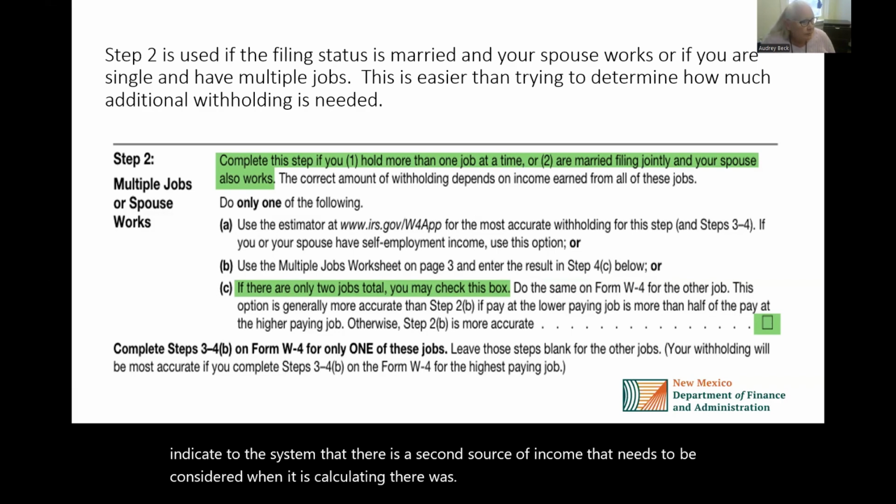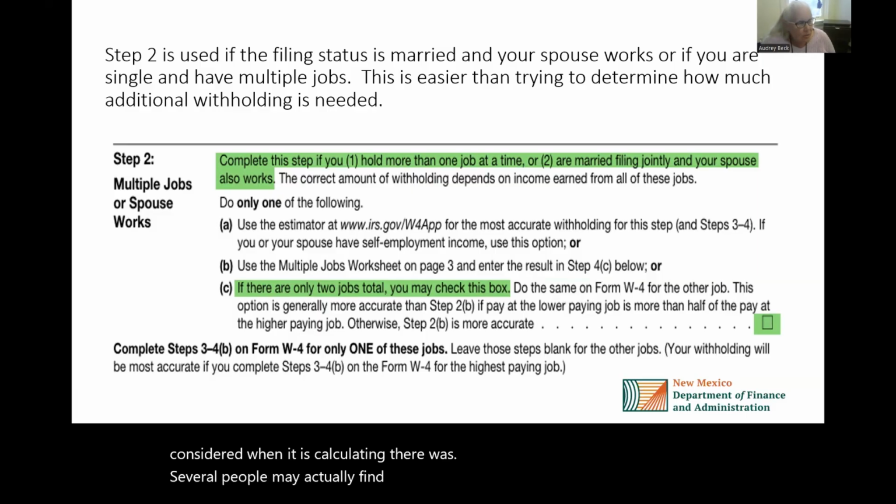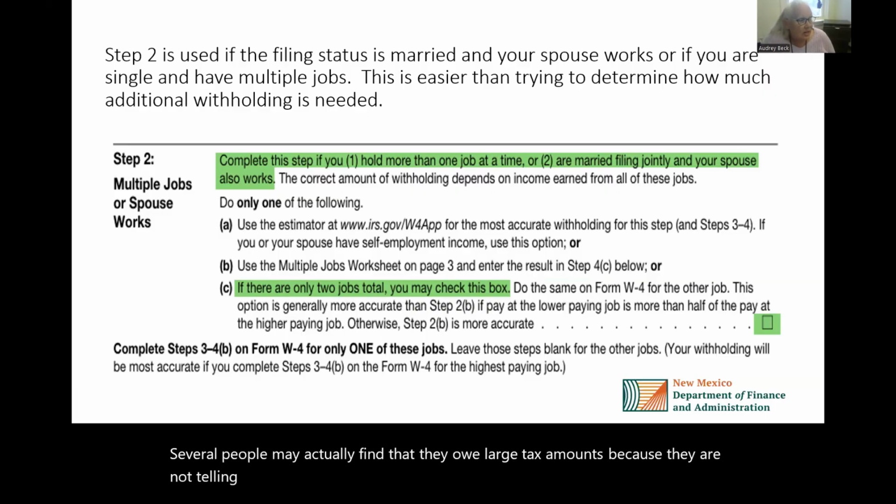Several people may actually find that they owe large tax amounts because they are not telling the system that there is a second job. They're saying, I am married, I have a spouse, and that has a higher standard deduction.